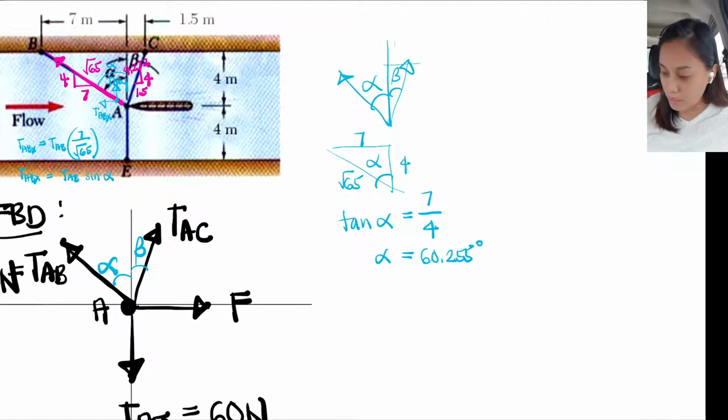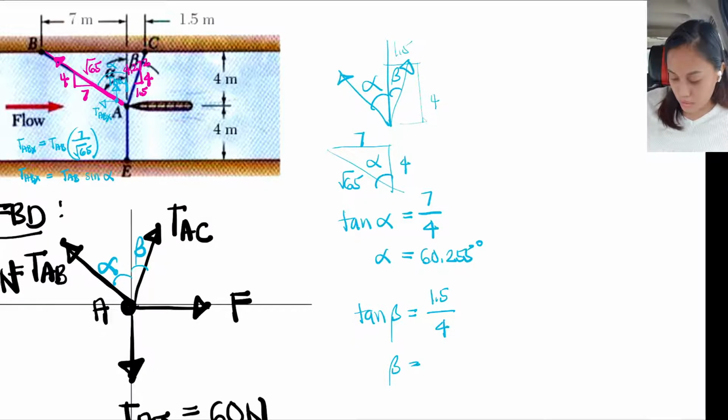Then beta, this is 1.5, and the height is 4. So tangent of beta is equal to opposite over adjacent, 1.5 over 4. So beta is equal to inverse tangent of 1.5 over 4, which equals 20.556 degrees.